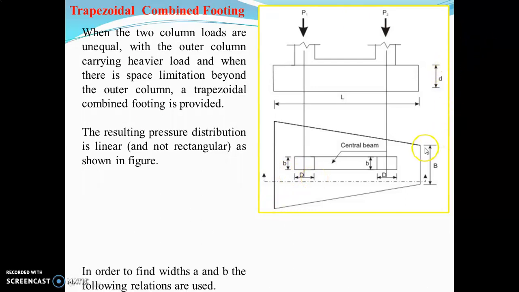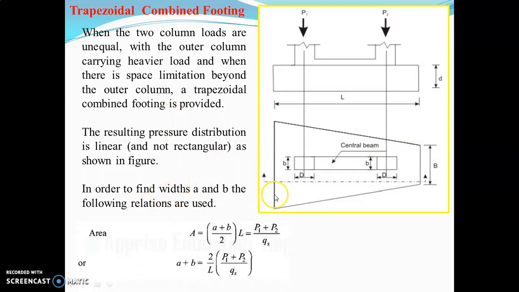In order to find widths A and B, the following relations can be used. You have to calculate what A and B are here, so for that you can use this equation. Area equals (A plus B) divided by 2 into L, which is equal to (P1 plus P2) divided by qs. If you write it in terms of A plus B, then A plus B is equal to 2 divided by L into (P1 plus P2) divided by qs.